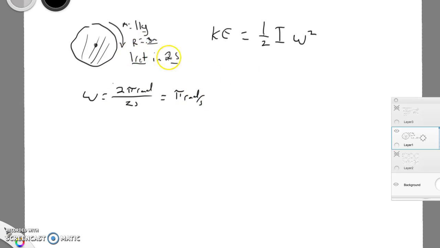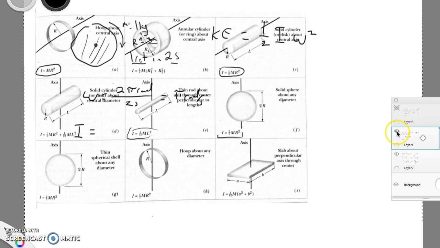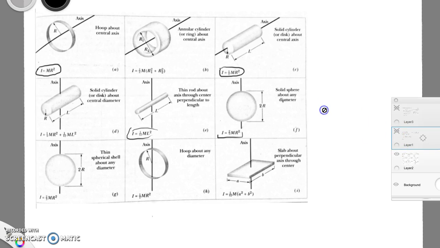Now we need the moment of inertia. Well, I'm not going to integrate again, I'm just going to look back at my table. I see that this would be the cylinder, or we're just looking at the face right here, and that's what you're usually going to be using.